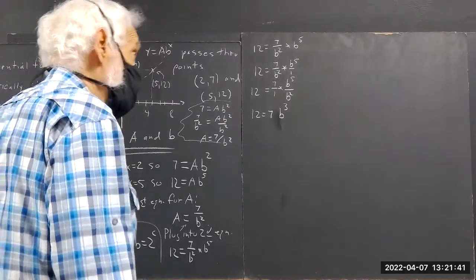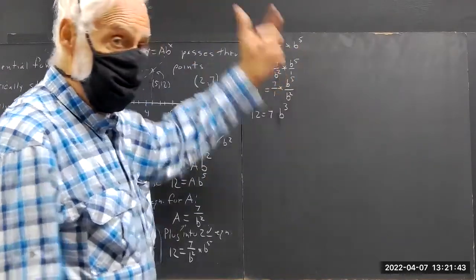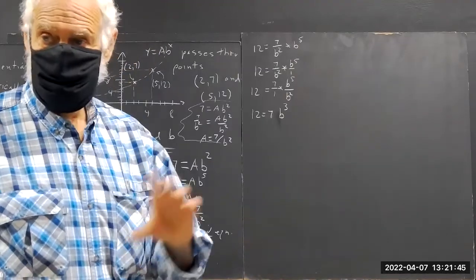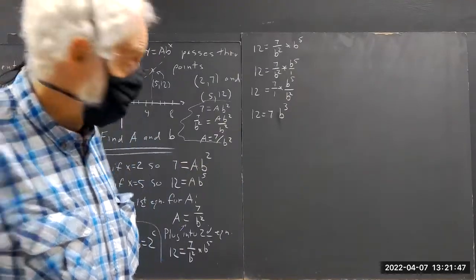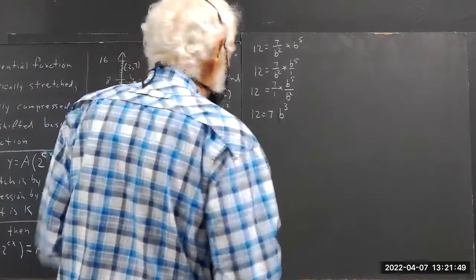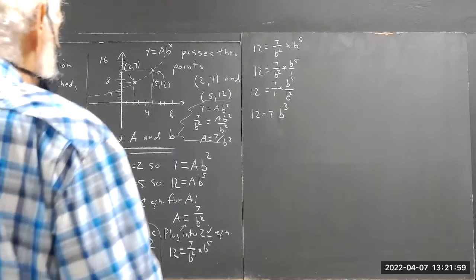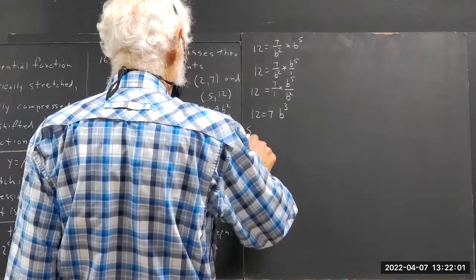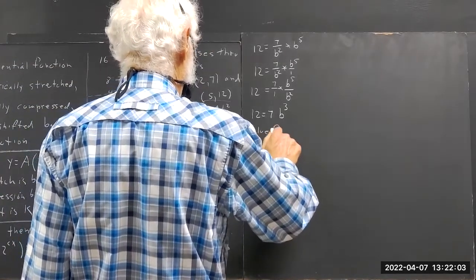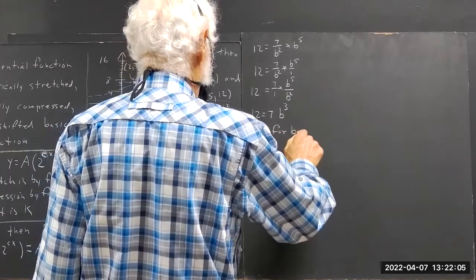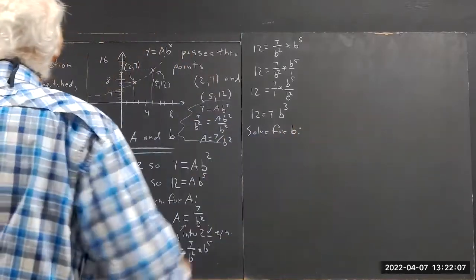Now, you might have a habit that tells you B to the fifth over B squared is B cubed. Make sure you check that habit out, but that would be correct. Okay, so how do we solve this for B cubed? How do we solve this for B? Well, I'm going to show you because we don't have too much time.